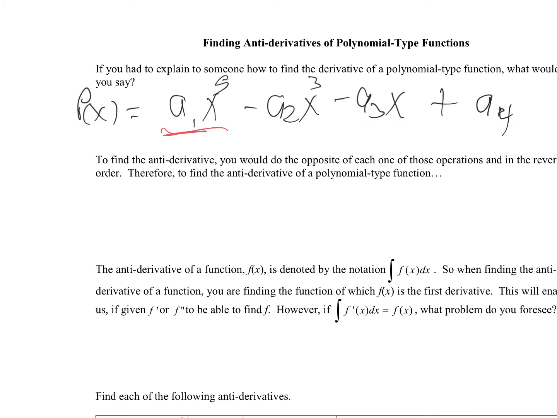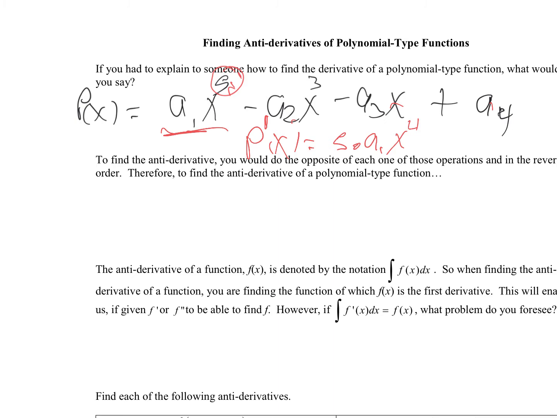The power rule. Exactly. What's the power rule say? Are all these a's constants? Yes. You take the 5 and put it in front of the x, multiplying it by the constant a1, keep the variable and subtract 1 from the power.